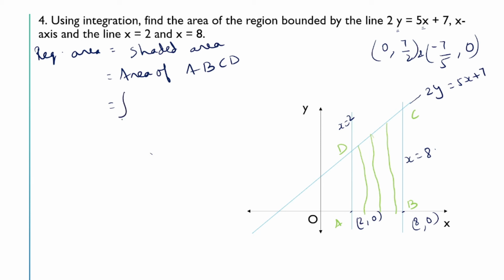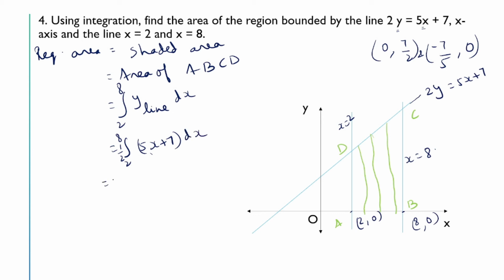So it is integral 2 to 8 y curve or y line. Here it is a line. So it is y line dx. So this is equal to integral 2 to 8. Here y line is nothing but it is half of 5x plus 7. So let us write this half outside into 5x plus 7 dx.